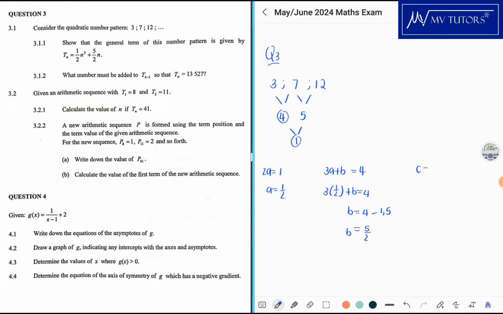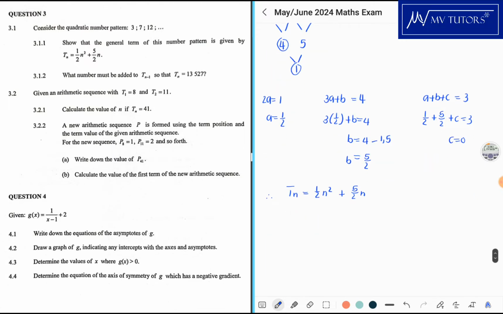And then c, okay, let's put it like this, a plus b plus c will be equal to 3. So a is a half, b is 2.5, so a half and 2.5 is 3, and 3 minus 3 is 0. So therefore, our term formula for this quadratic pattern will be a half n squared plus 5 over 2 n plus 0. And we're not going to include that, and we have shown it.